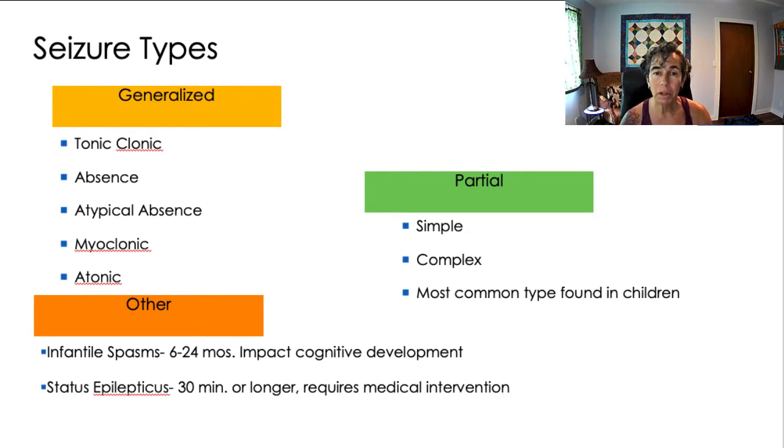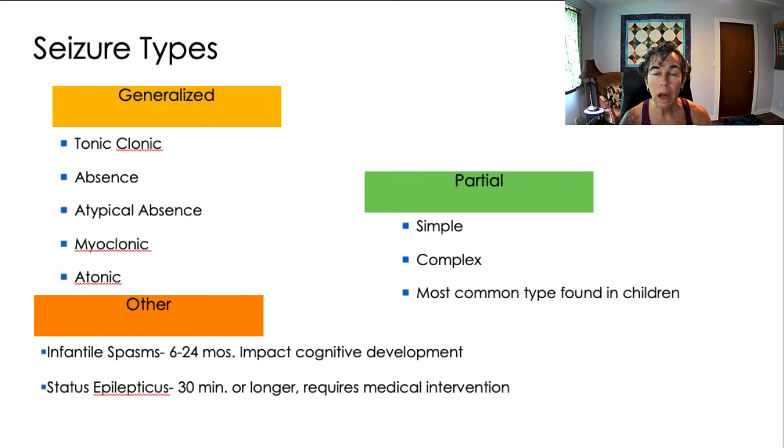There's atypical absence, myoclonic, and atonic. So just some terms for you to know if you're working with someone and they have seizures. There's also partial seizures, and there are a variety of different types. Simple, complex, and partial seizures are the most common type found in children.